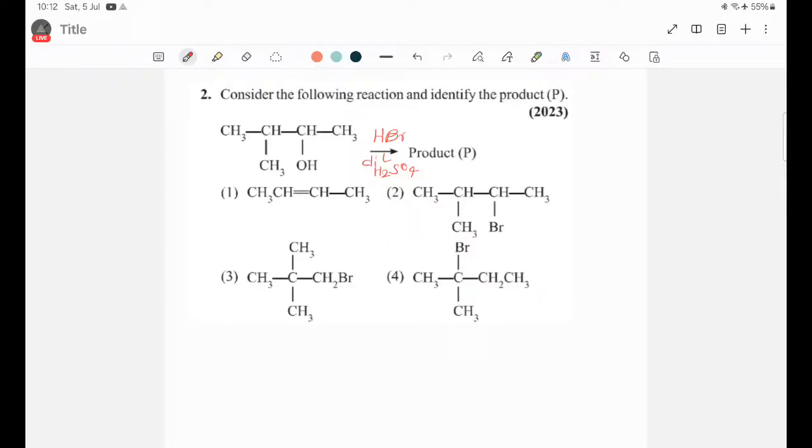This is reacted in presence of HBr and dilute H2SO4. Then what should be the product and how are you getting it? How you are getting it, you cannot comment in the chat section, but the answer you can give. So what should be the product now?